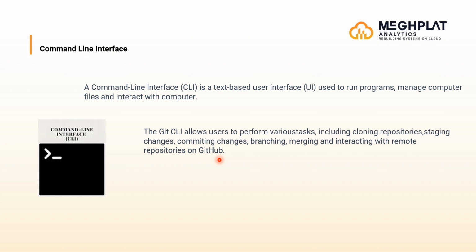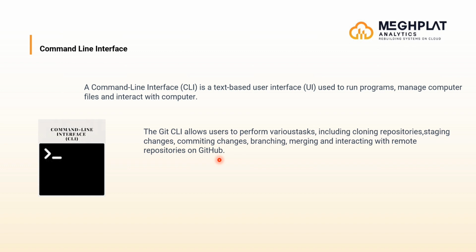GitHub itself primarily provides a web based interface, but developers often use Git commands through a command line interface for more precise control over versioning and collaboration workflows. Also, by using the Git CLI in conjunction with GitHub, developers can efficiently manage their version control tasks, automate workflows, and integrate Git into various development environments.